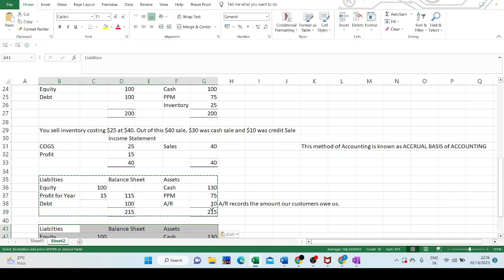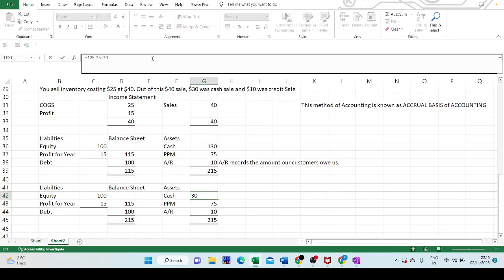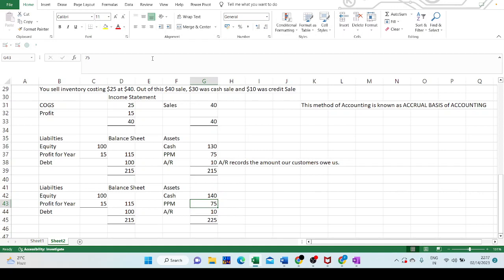Now guys, what happens is that your customer repays you $10. So my cash balance would increase by $10 because my customer has paid me, in cash. And accounts receivable would be reported at zero, or we'll remove it from the balance sheet because our customer does not owe us anything now.